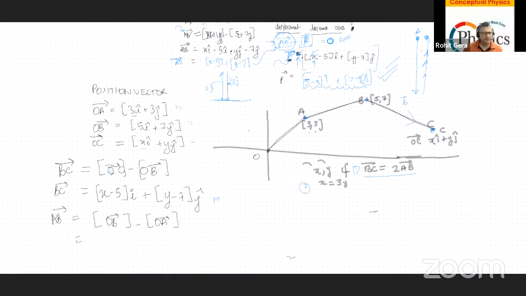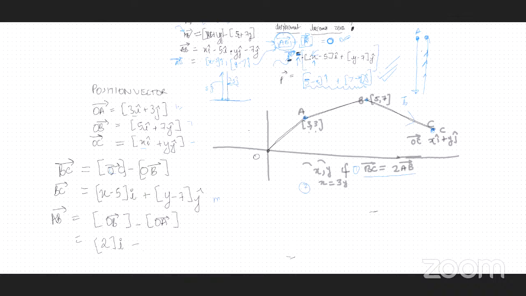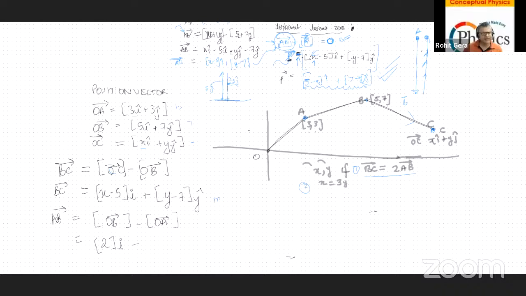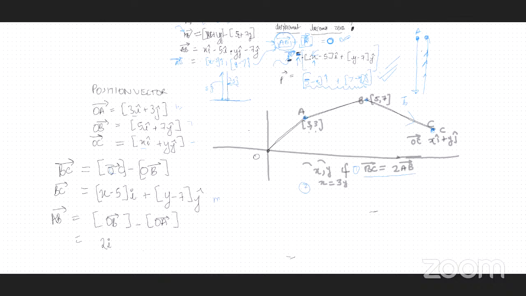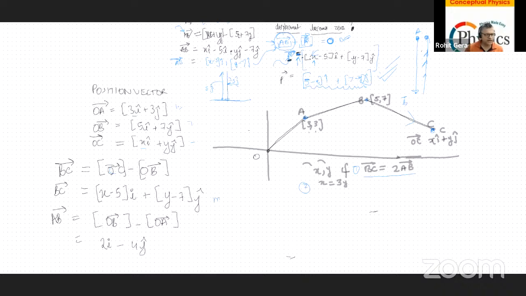Just be very careful when you're subtracting. 5 minus 3 is 2, correct? And 7 minus 3 is 4. Very nice. Good job. Now you're getting faster. Now you've started doing it fluently.